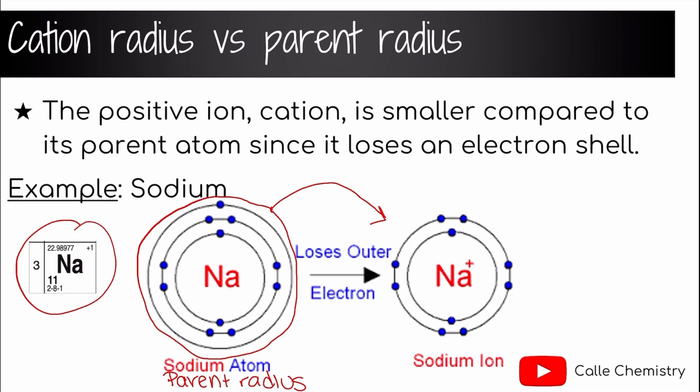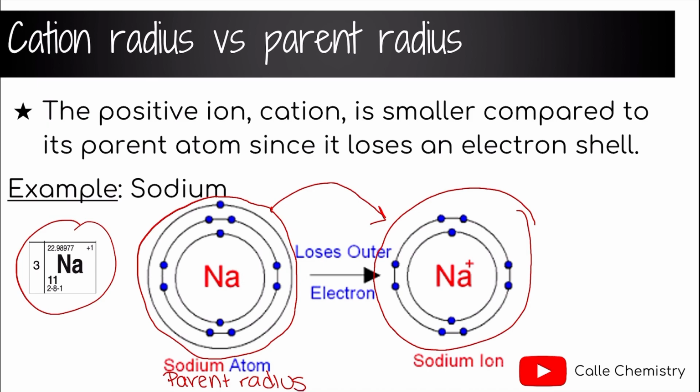So the first one still has 2 and the second one still has 8. It only lost that 1 valence electron, so the one on the last shell. So since it lost that last valence electron, it now is only occupying the 2 shells it has. So now the atomic radius is smaller. So the cation radius is smaller than the parent radius.